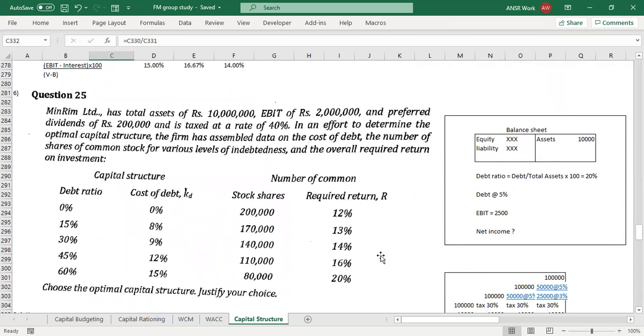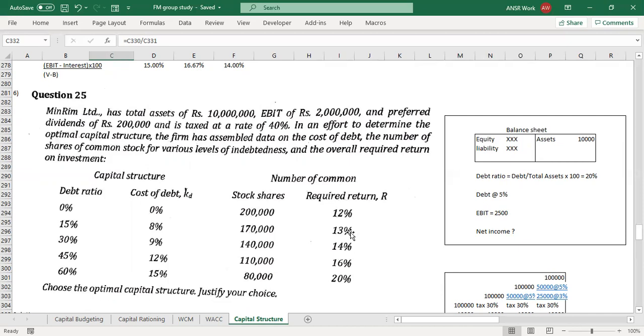Now here you don't have debt, right? If you don't have debt and you have equity, cost of equity 12%, your WACC is also 12%, isn't it? Yes, if you only have equity, that means your WACC is also 12%. Now, if you have net income and WACC, can't you calculate the value of the firm?